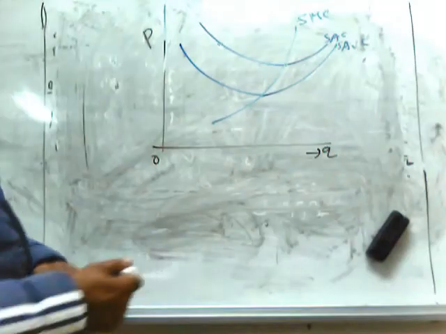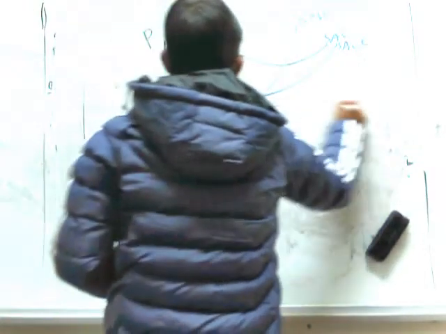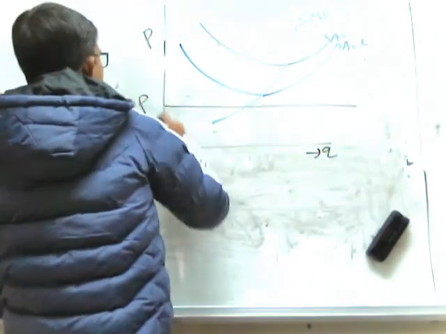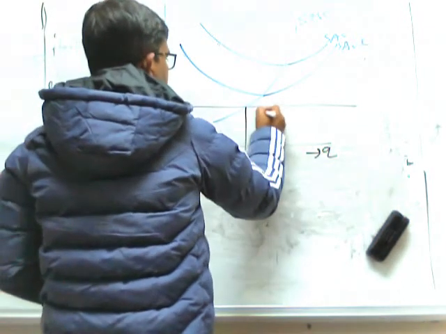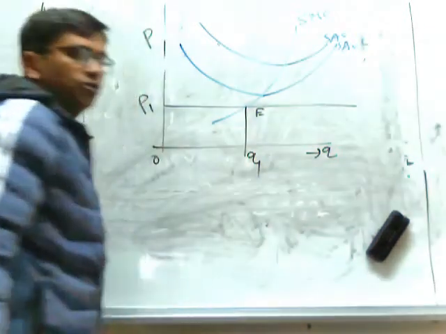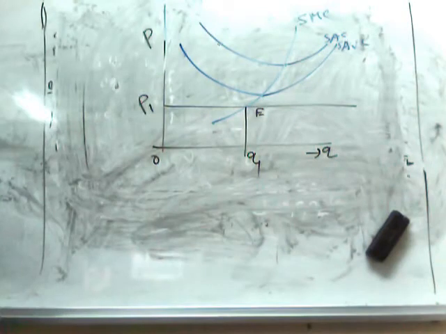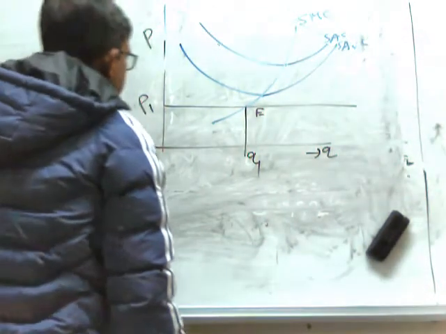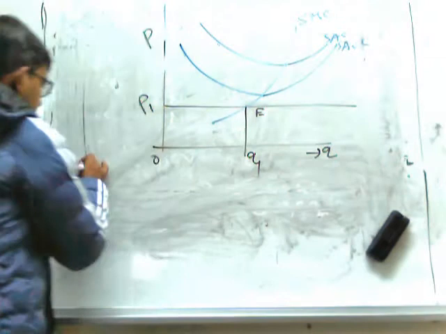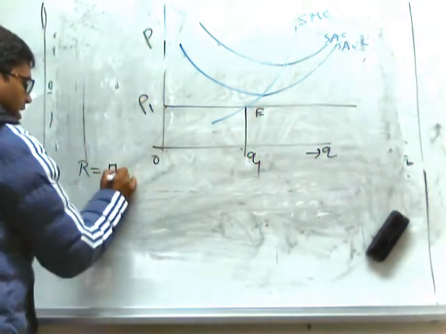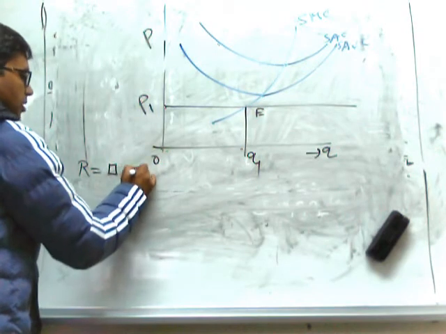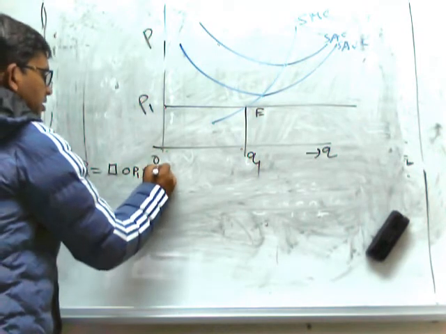So now we consider that this is the price OP1. So E is the equilibrium, output level is OQ1. So revenue is price multiplied by quantity, the area of the rectangle OP1 E Q1.